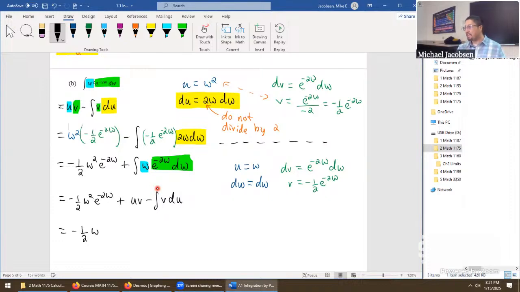Another set of copying, negative 1/2 w squared e negative 2w. And then just drop in the results. So we have u here, v here, and hang on. I think I have a problem with my du as it relates to this. That's an error. Anyone see what the mistake is on this expression?